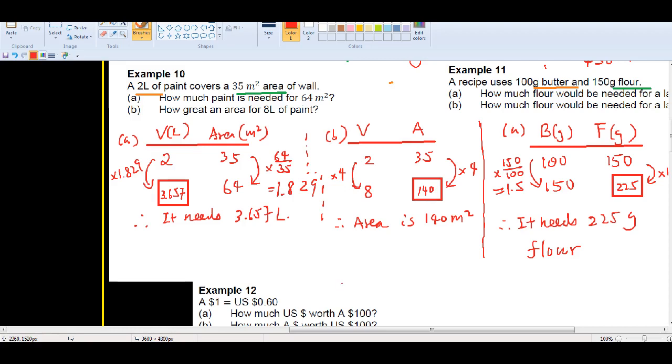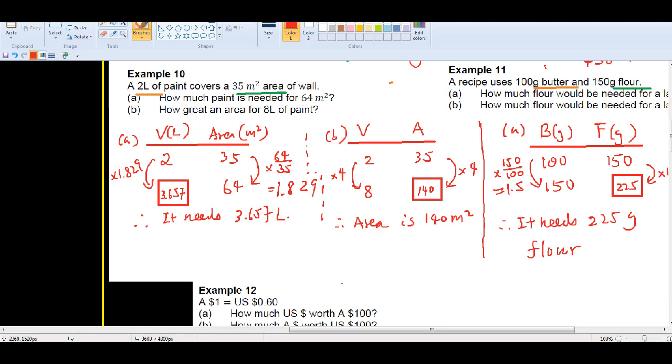For question 10, you see there are two quantities. One is the volume, the other is the area. 2 liters for 35 meter square area. Then you need to find the factor, which is from 35 to 64, so you times 64 over 35.